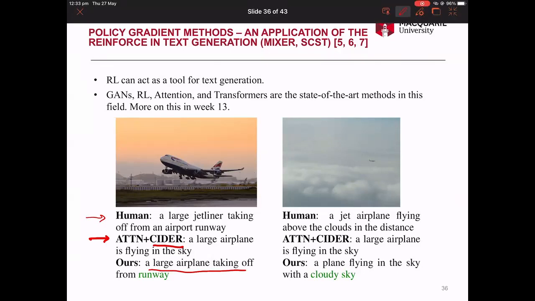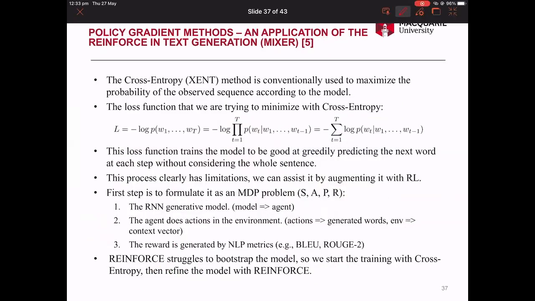You can see that the human says a large jetliner taking off from an airport runway, and this one says a large airplane is flying in the sky, not very accurate. Another one says a large airplane taking off from runway, and the same thing goes. You can see that it's kind of comparable to what a human would say, and this is also true about the next image. And they're using reinforcement learning as part of their algorithm, as I'll explain.